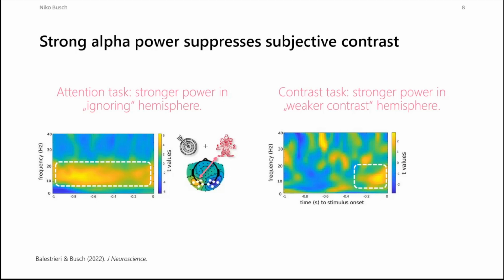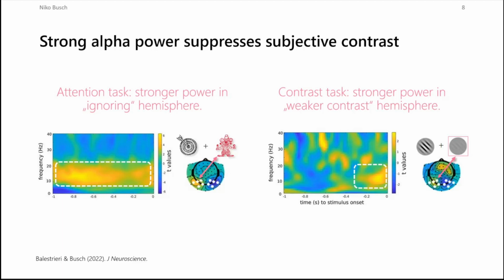And so just before stimulus onset, we see this pattern of lateralization, which means, in other words, that suppose we show you these two stimuli and they are exactly the same, physically the same. And it just so happens that spontaneously, like by chance, your alpha rhythm is slightly lateralized. For example, you might have slightly stronger alpha power in the left hemisphere compared to the right hemisphere.